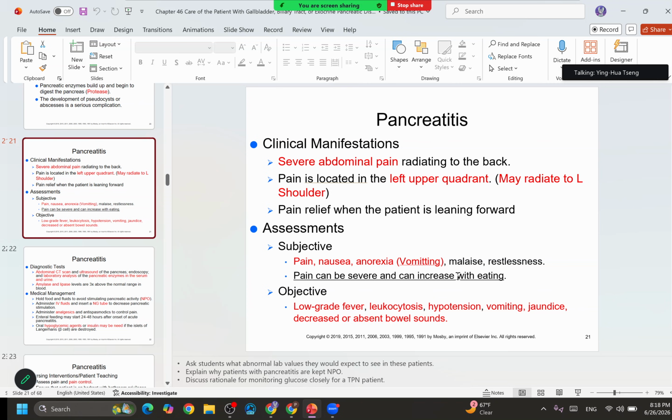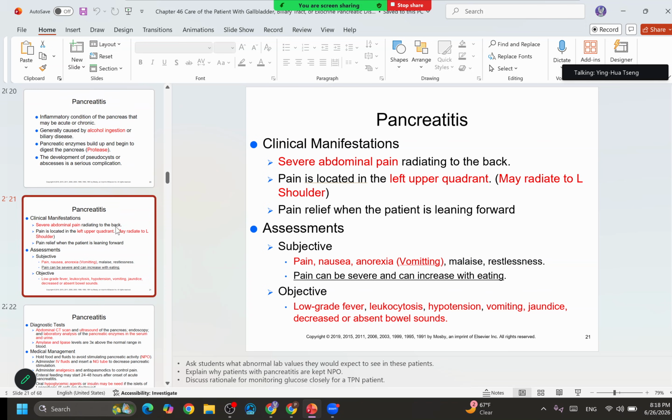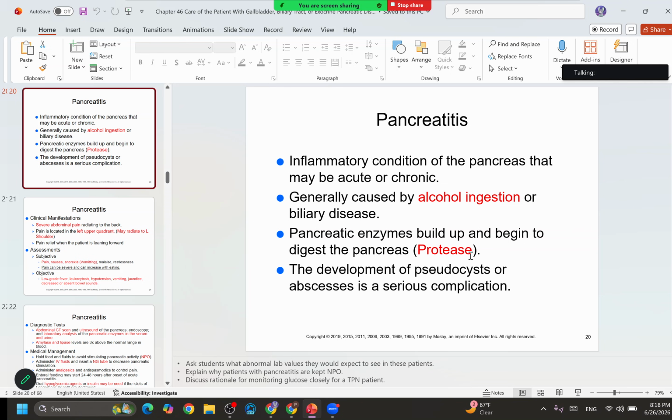Also, the hypotension is because your enzyme, the protease, is leaking and seeping out. It starts eating other organs like your stomach and your small intestine.